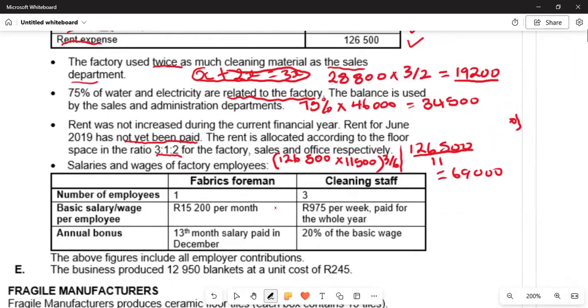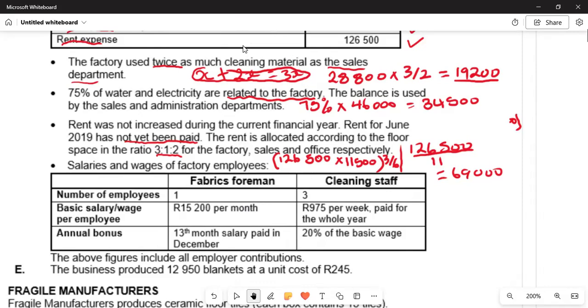The number of employees under fabrics foreman is 1. The basic wage per employee is 15,200 per month. The annual bonus is a 13th month salary paid in December. Under cleaning, we have 3 staff who are paid 975 per week, for the whole year. Their annual bonus is 20% of their basic wage.